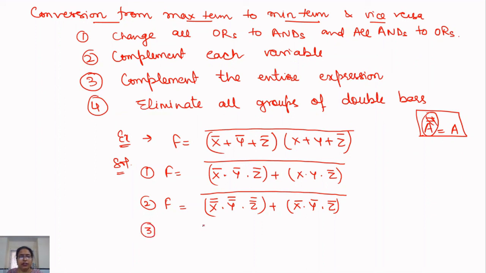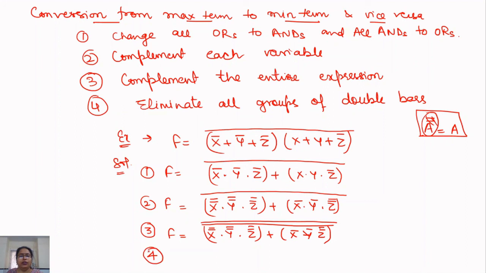Third is complement the entire expression. X double bar, y double bar, z double bar, then plus x bar, y bar, z bar. Sorry, this has to be double bar, and this is double bar here now. And then the fourth one, now the last stage is elimination of the double bars.